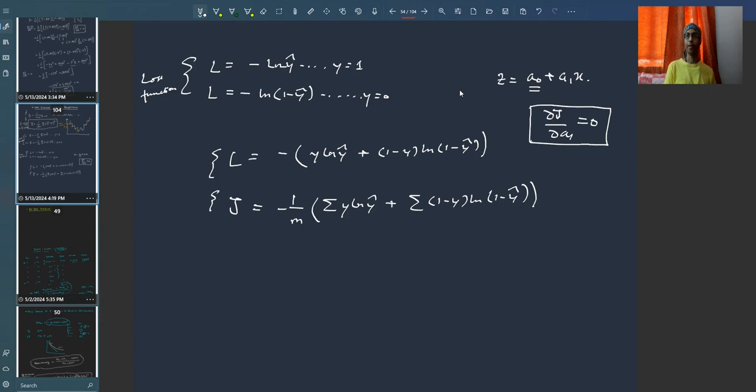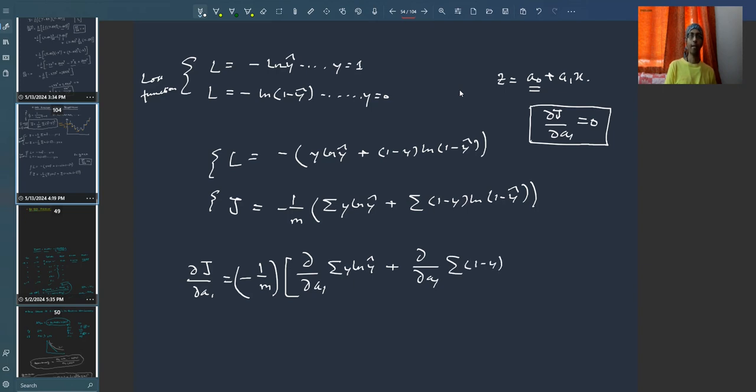So let's say del J by del a1 is equal to, we take the constant out, 1 by m, del a1 of the sum of y ln y hat plus del a1 of the sum of 1 minus y ln 1 minus y hat.